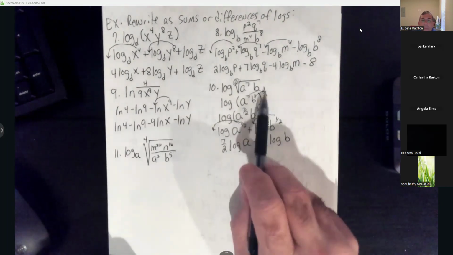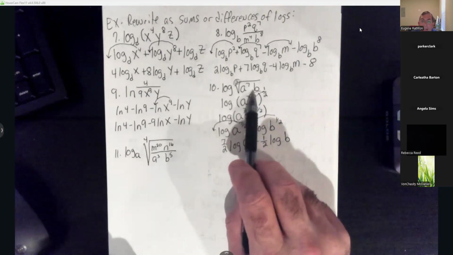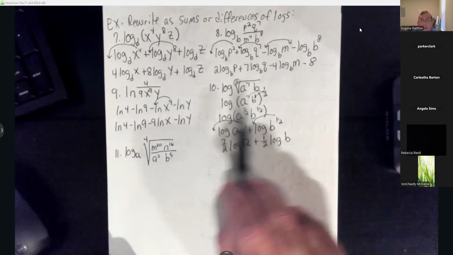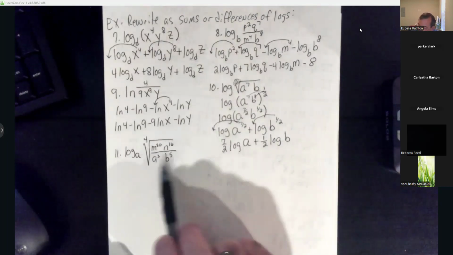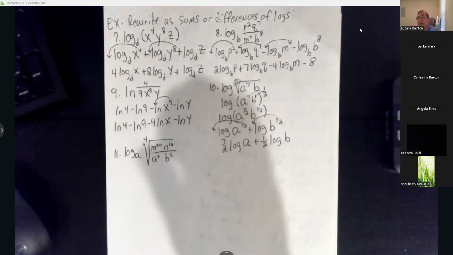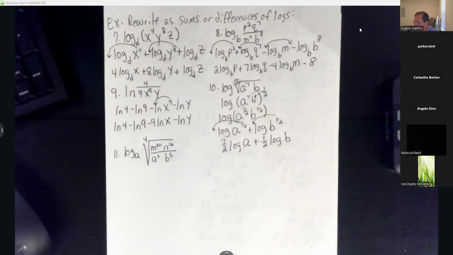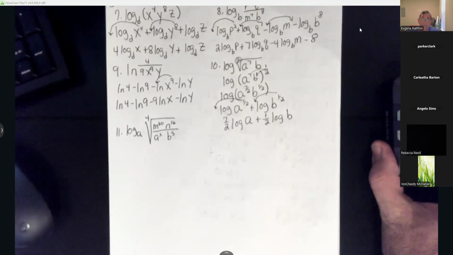I'm going to start out doing exactly like I did here. I'm going to change the radical into an exponent, and then I'll distribute it to everything in here, and then I'll start to add and subtract them and do all that, okay? So this one's got a little more work for us.